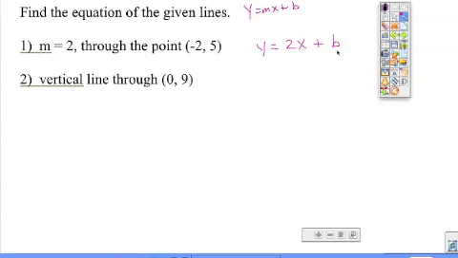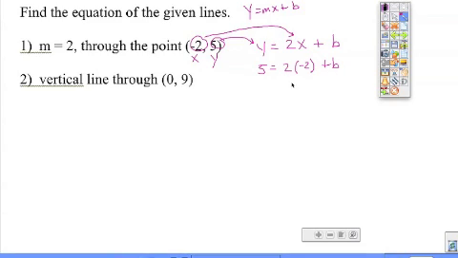What I don't know is where it crosses the y-axis. But what I'm given is an x-coordinate and a y-coordinate. I can take those values and substitute them into the slope-intercept form and calculate what the y-intercept is. If y is 5 when x is negative 2, then this should come out to give me the y-intercept of b.